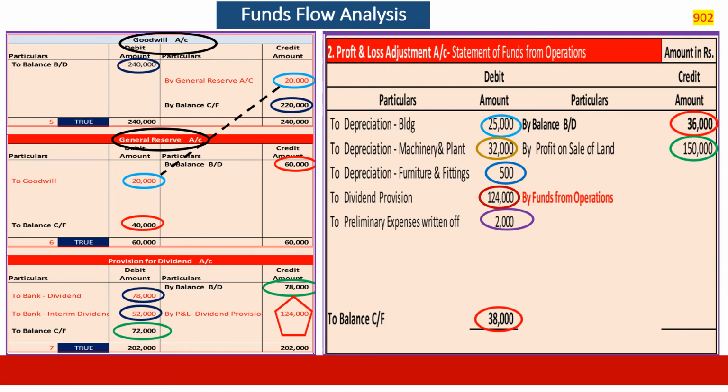We go ahead and we have covered all items in the profit and loss account, 2,21,500 debit side total, and the balance will be funds from operations, which is 35,500. That is statement number 2, simple and straightforward, based on the profit and loss adjustment account and individual adjustment accounts prepared.